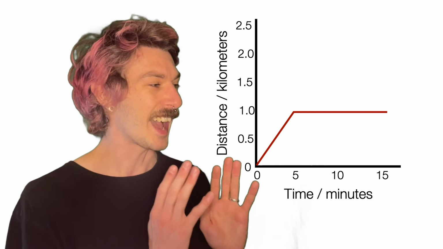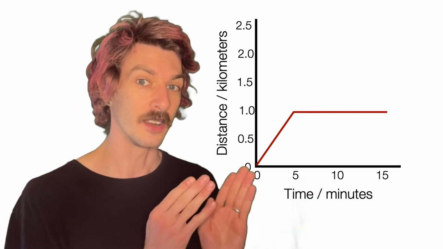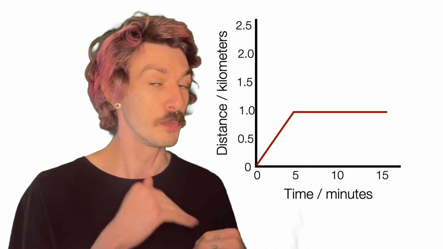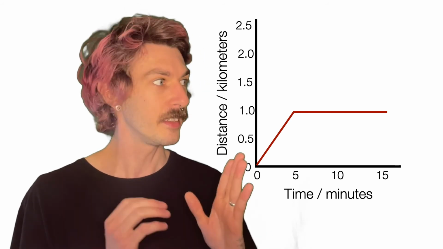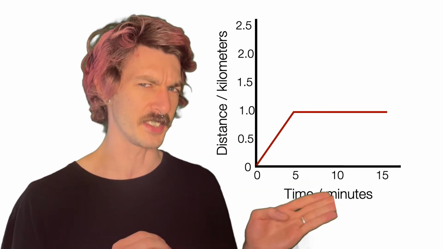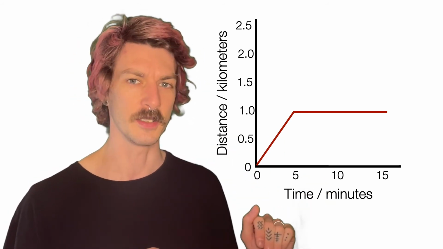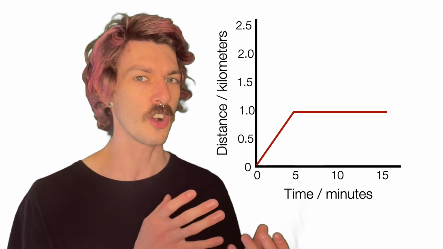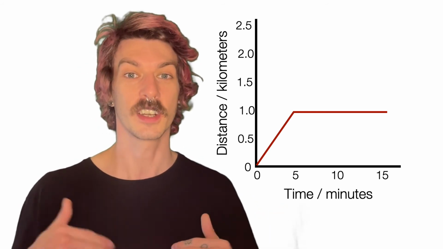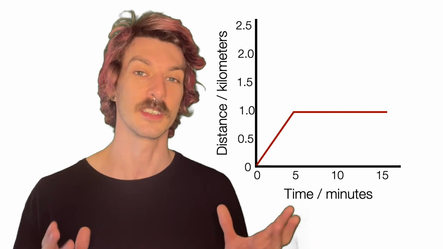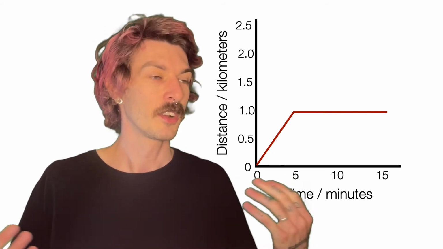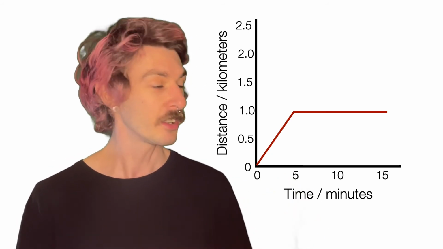However, you can see at 5 minutes and 1 kilometre, after the bus has moved 1 kilometre in 5 minutes, then the distance stops increasing as the time continues increasing. The distance remains constant. If the distance is staying constant as time moves by, that means the bus has stopped moving. Great, simple. Let's have a look at another example.